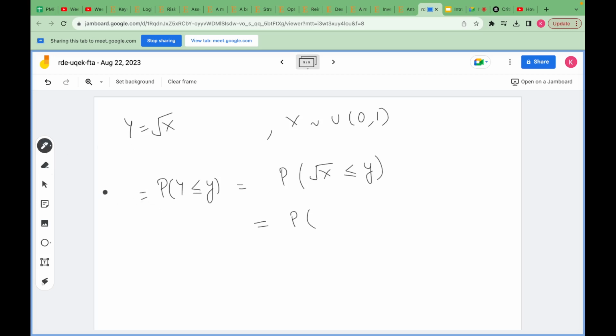And this is nothing but x less than or equal to y square. Now x is a uniform distribution varying from 0 to y square, dx.